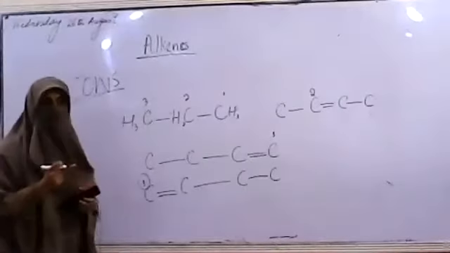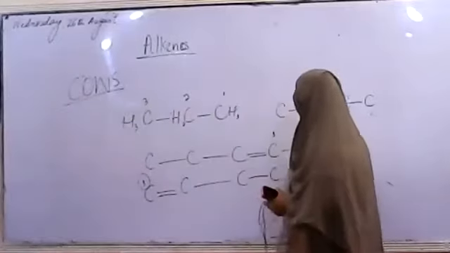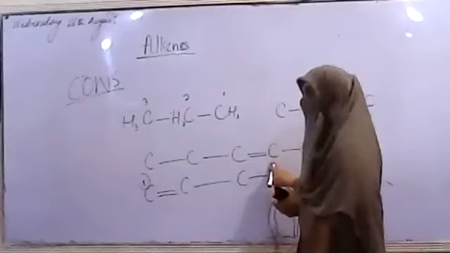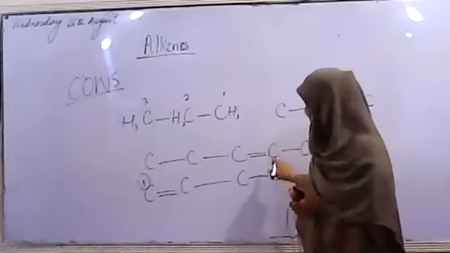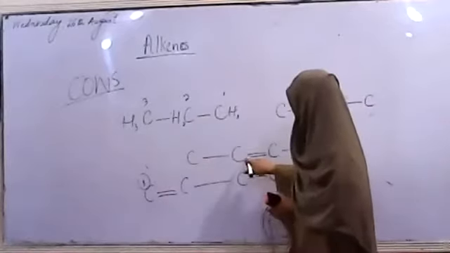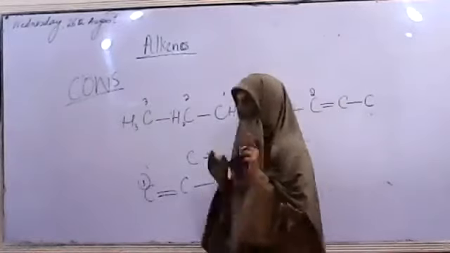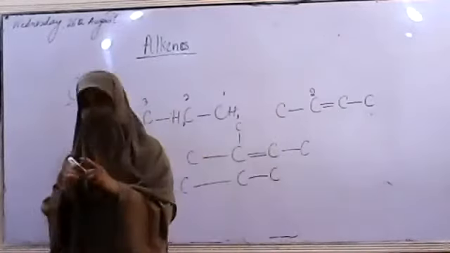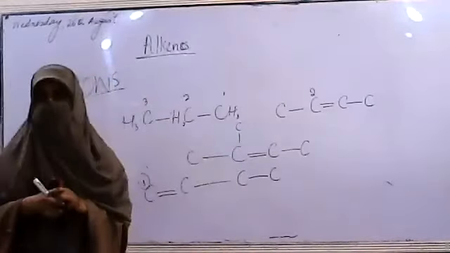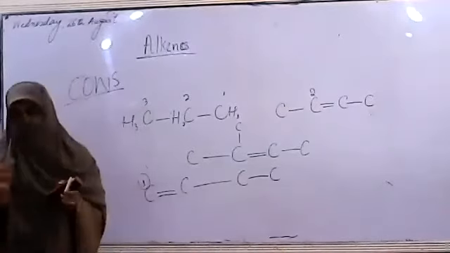Now, if we say we have a 5-carbon chain and the double bond is at this position, it will be 2-pentene. If you move one of the carbons from the terminal position to, let's say, this position, that will also be an isomerism process. Remember, I told you that isomerism is a phenomenon in which the structure changes but the molecular formula remains the same.